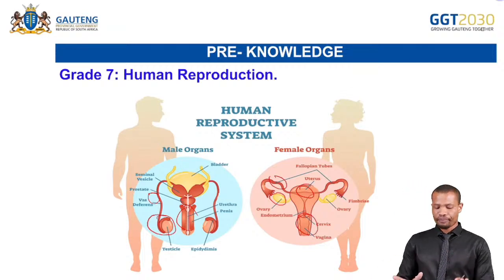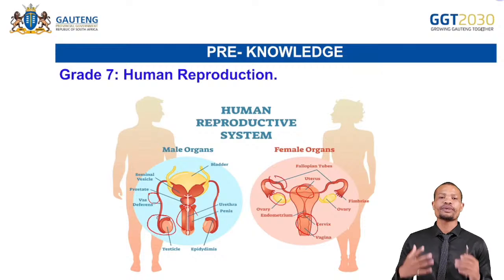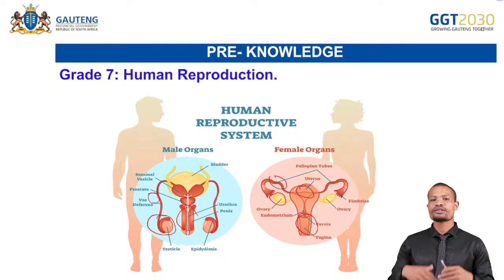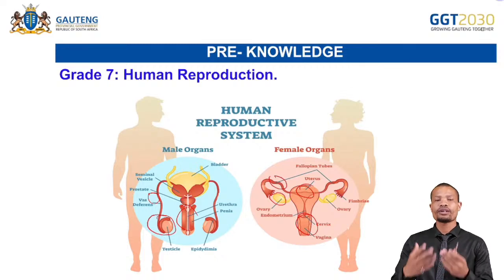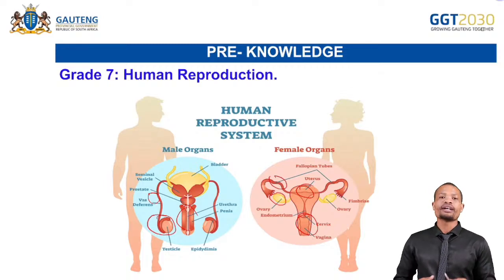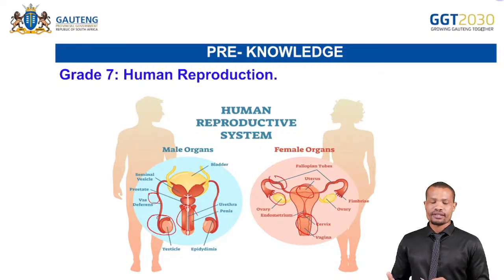Now this is everything in a nutshell, right? So we know that the sperm from the male must fuse with the egg from a female in order to form a zygote, and that zygote develops into a baby inside the uterus of a female, right? That's how reproduction takes place, right?